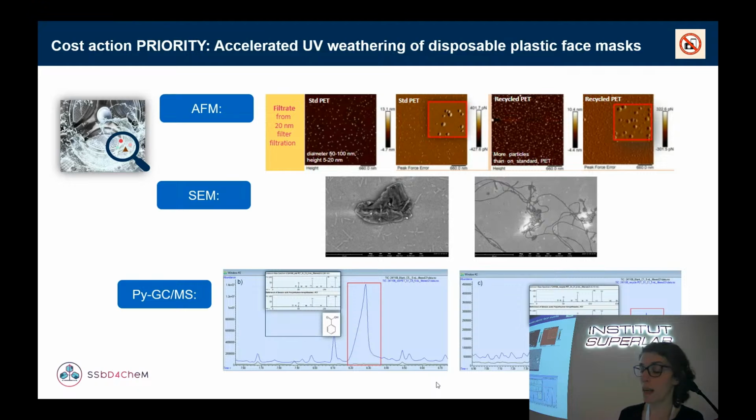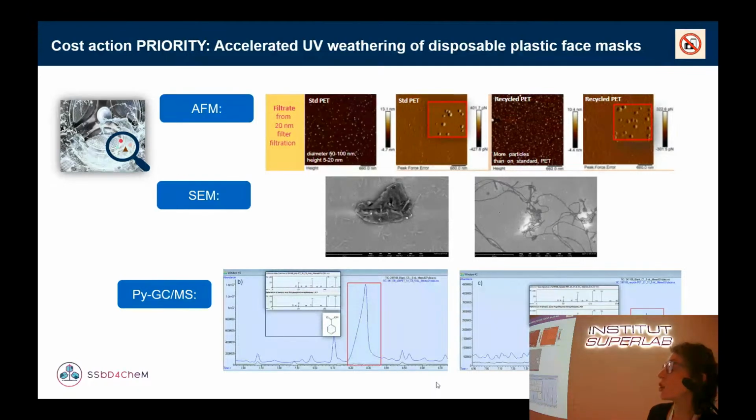After the washing step, we try to analyze the release of the particles. We could clearly see that standard PET and recycled PET behave differently, that recycled PET released more particles as well as fibers. And what we are currently doing now with the pyrolysis GCMS is that we also want to quantify the mass balance in the samples itself.